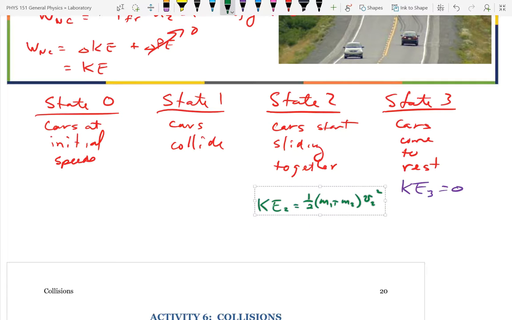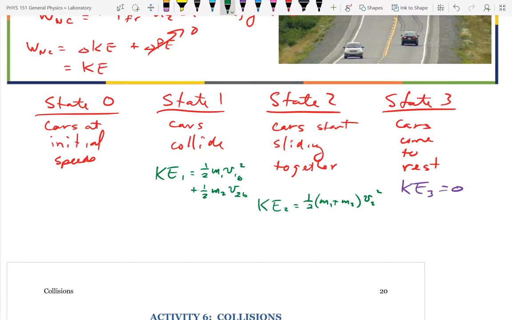I'm going to change colors here. State 1 is just before they collide, so they have different speeds. I need speed 1A and speed 2A. Actually, let me put these.